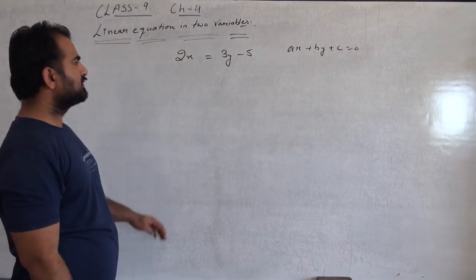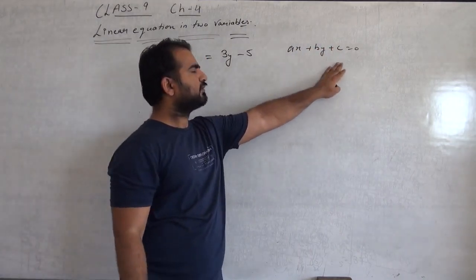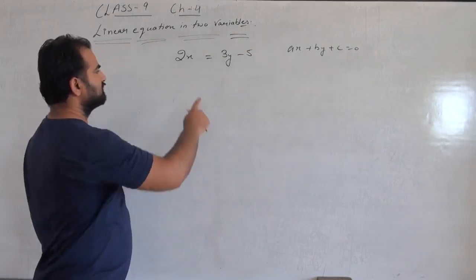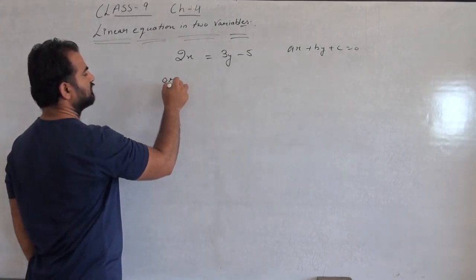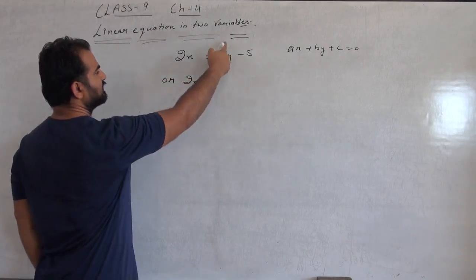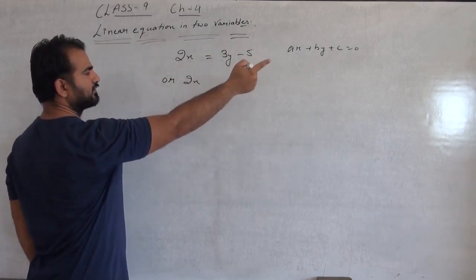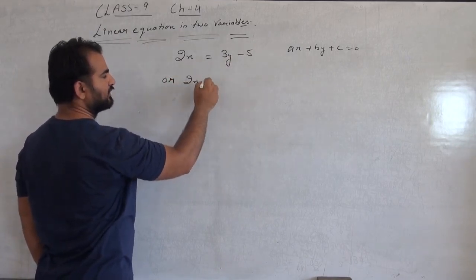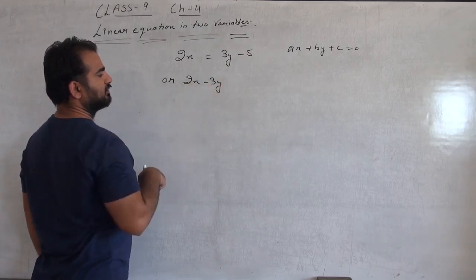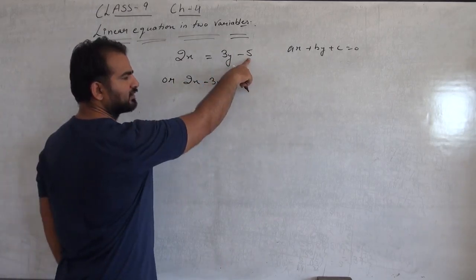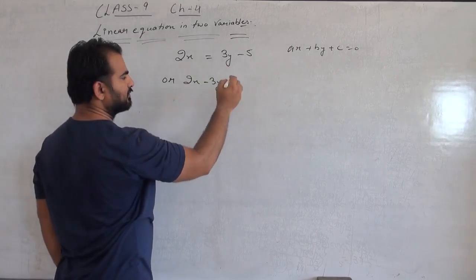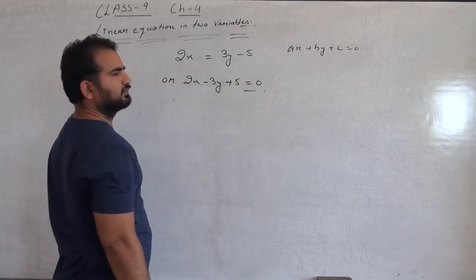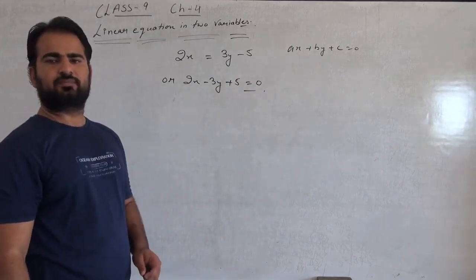So we just take all the things on the left hand side and place 0 on the right hand side. We can rewrite it like this: 2x, and this 3y is positive on the right hand side. If we take it to the left hand side, it will be negative, minus 3y. This 5 is negative on the right hand side. If we take it to the left hand side, it will be positive. 2x minus 3y plus 5 equals to 0.